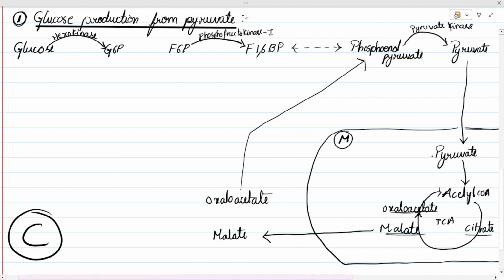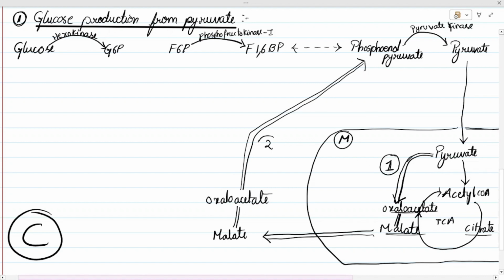The pyruvate gets converted into the oxaloacetate. This oxaloacetate gets converted into malate. This is the first irreversible reaction occurring in mitochondria.